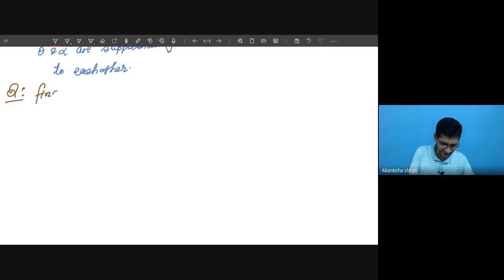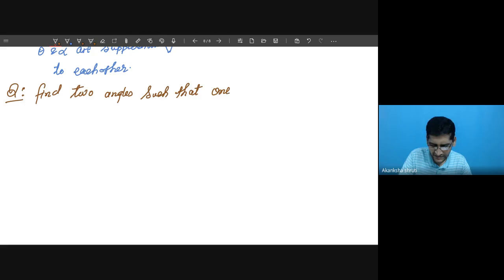Find two angles such that one is 1/5 of its supplementary angle.